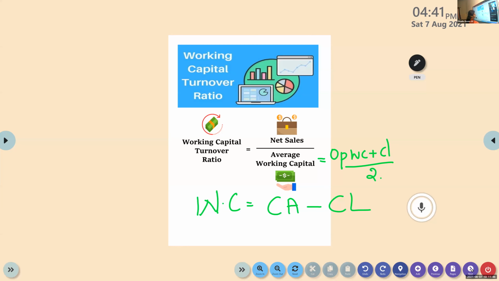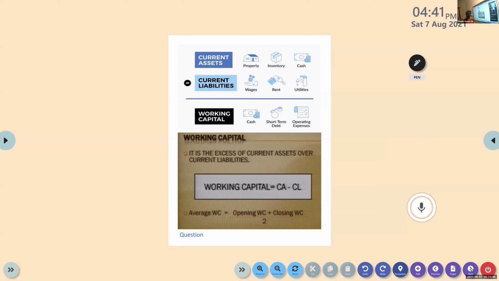Working capital is the excess of current assets over current liabilities. How to find working capital? Current asset minus current liability is equal to working capital. Current assets are property, inventory, cash. Current liabilities are wages, rent, utilities.